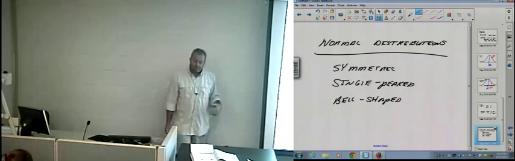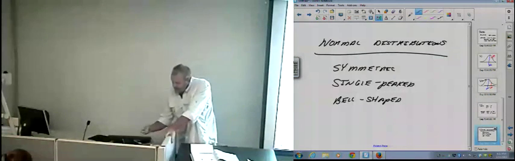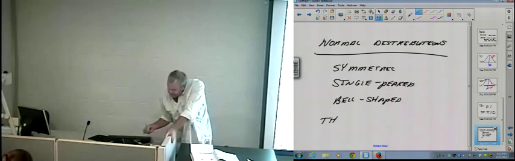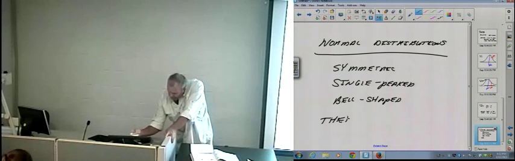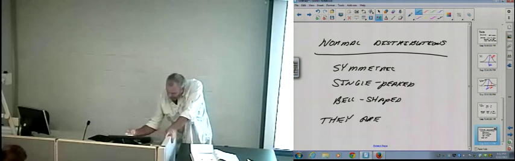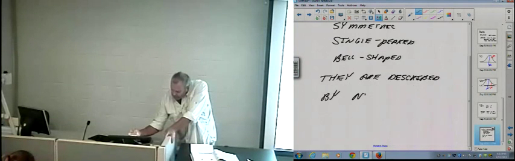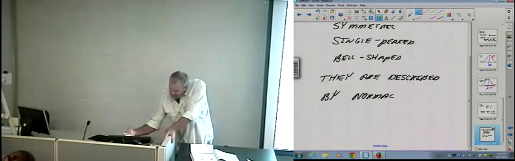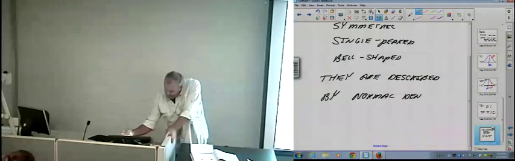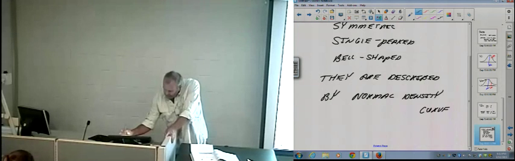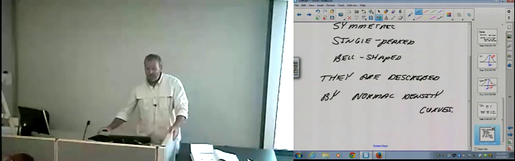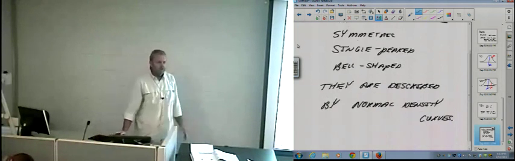Symmetric, now, they are described by what we're going to say are normal density curves. They all appear the same. Normal distributions.